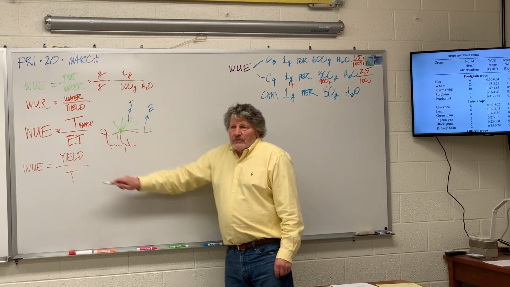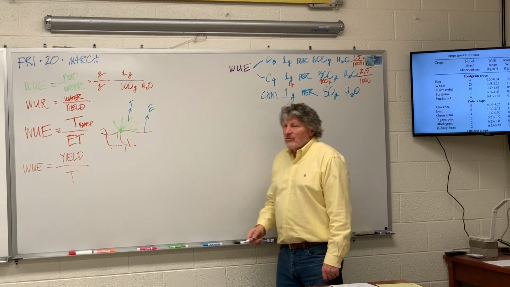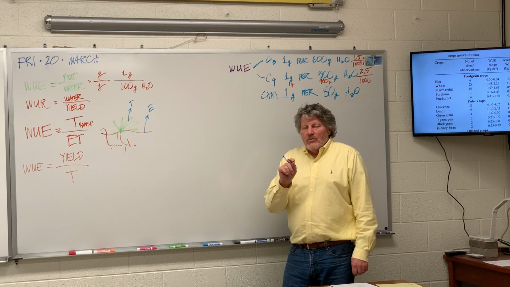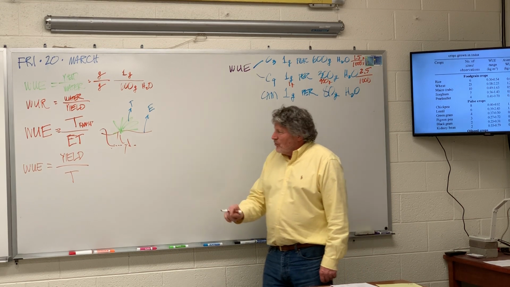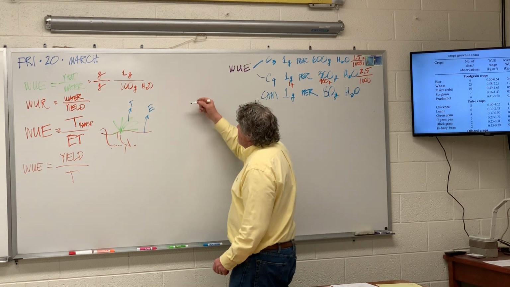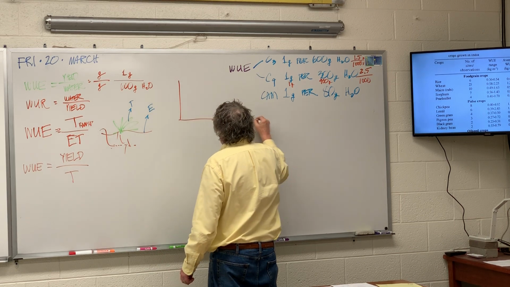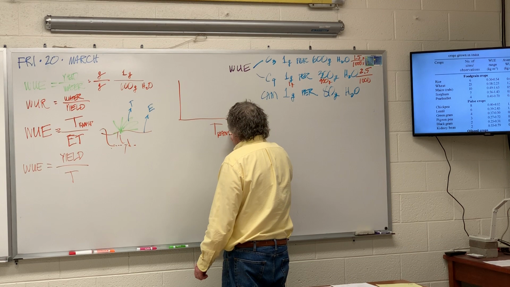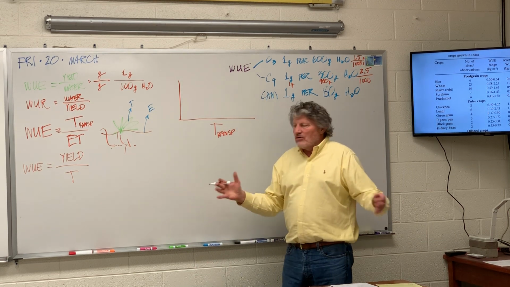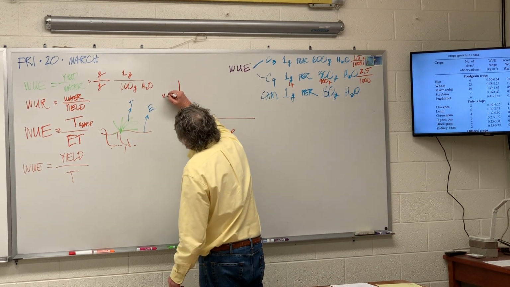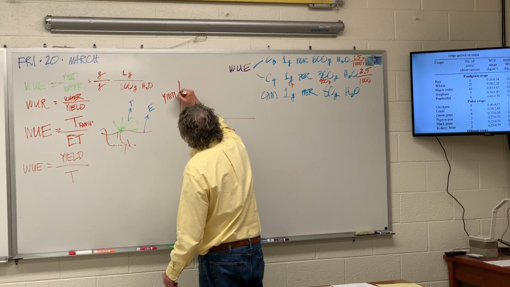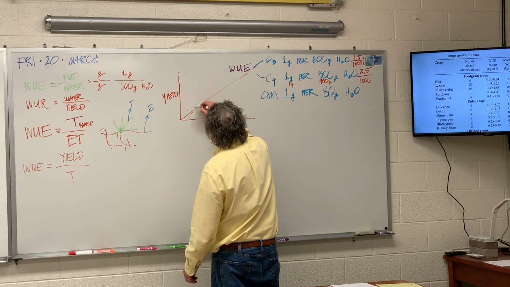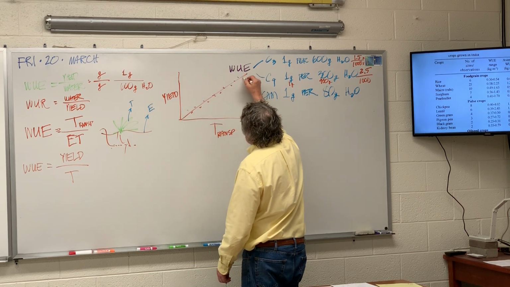These numbers right here relate to these numbers over here. So how would we calculate this? As a general rule, if we make a graph right here of T, transpiration, which could be per day or per season, and we do yield over here, it's a straight line.